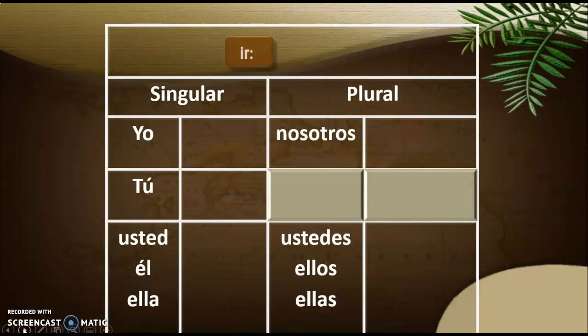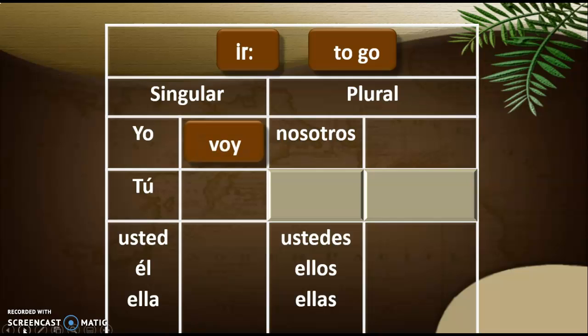First of all, let's talk about this verb ir. Ir means to go. It is a verb. It's not just the ending of a verb, it is the entire infinitive. It's an irregular verb. So when your subject is yo, I, the form of the verb is going to be voy. If your subject is tú, vas.